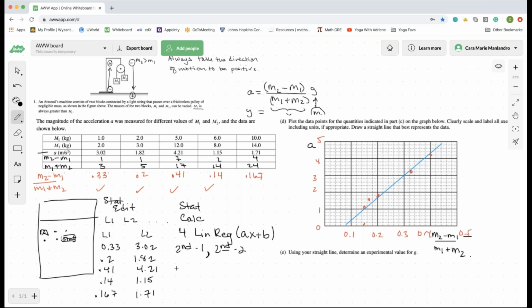So your screen should read LinReg, ax plus b, L1, comma, L2, and then you hit enter. What I got was y equals ax plus b, a is 10.52, and b is negative 0.24. Did everybody get something similar-ish?